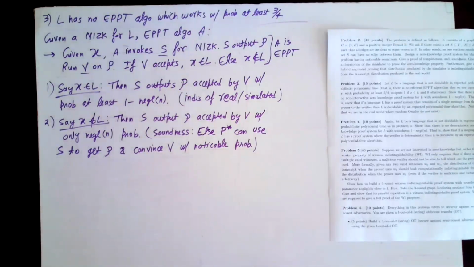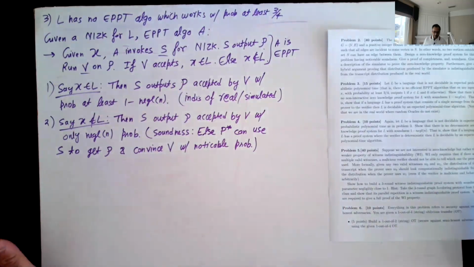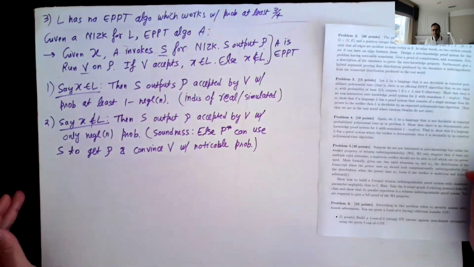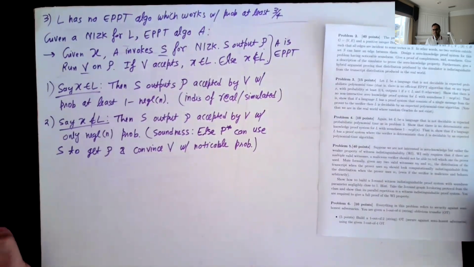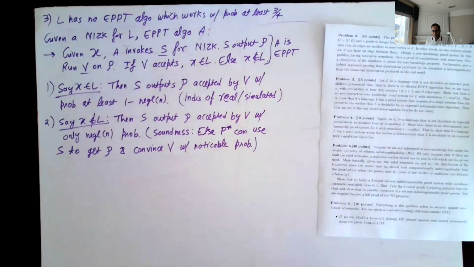Sir, I'm sorry if this is a very stupid question, but can you please clarify the difference between ePPT and PPT once, please? Okay, good. So think about flipping a coin. So I keep flipping a coin until I get heads, right? So this is not a PPT algorithm, because whatever upper bound you specify, there's always some non-zero probability that I might exceed that, right? If I'm very lucky, I do it a billion times and I keep getting tails and I don't terminate.